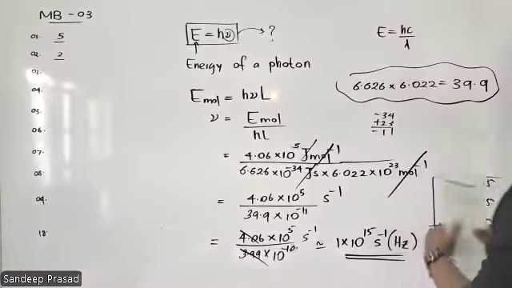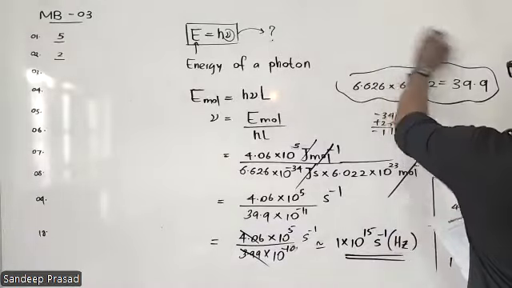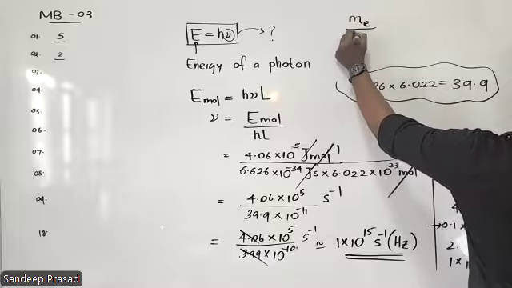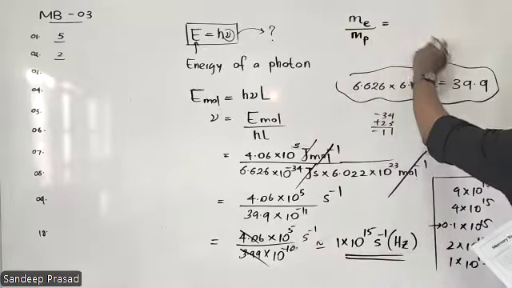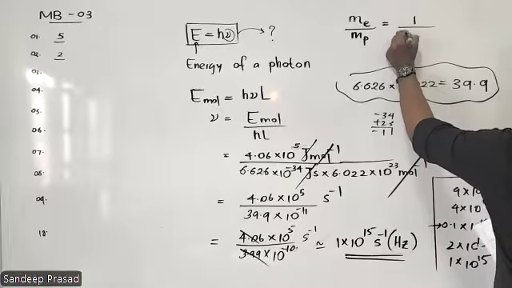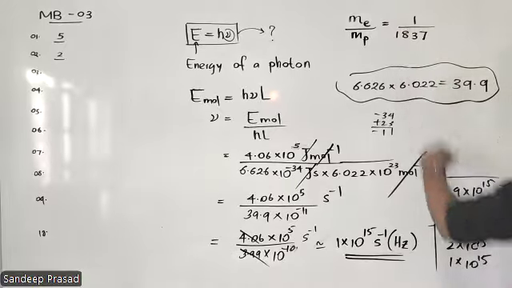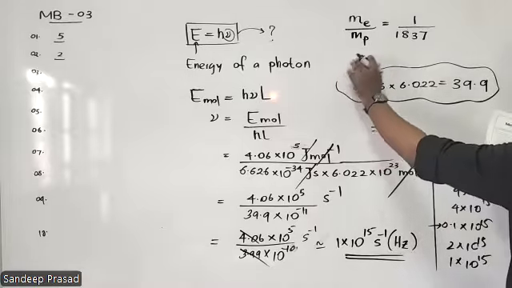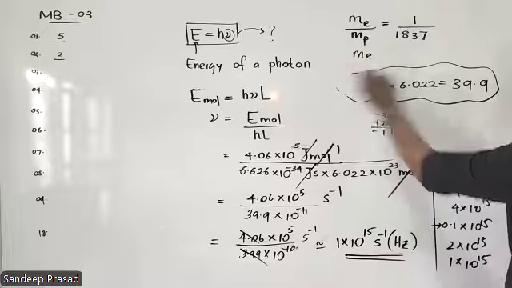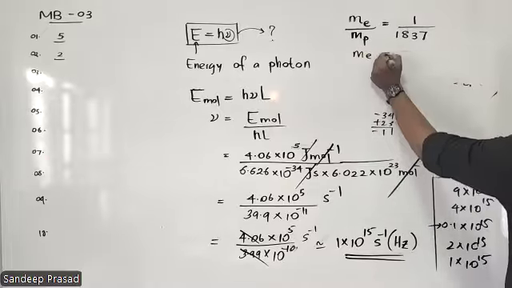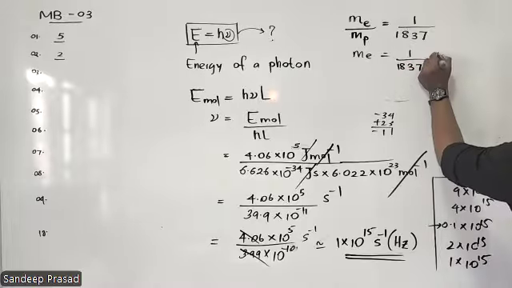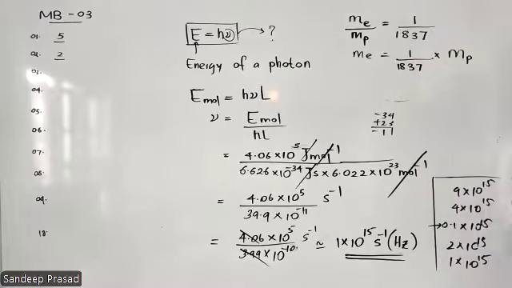Can you remember we took the ratio between the mass of an electron divided by the mass of a proton? So this is actually 1 over 1837. So we can say that the mass of an electron is equal to 1 over 1837 of the mass of a proton.